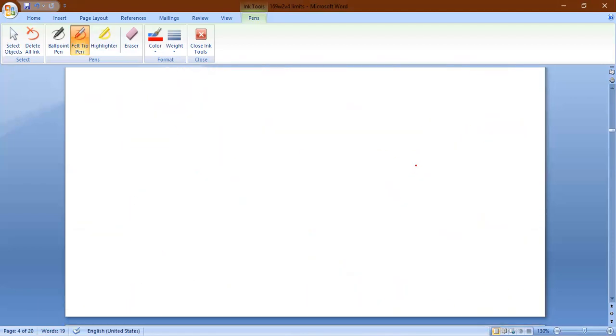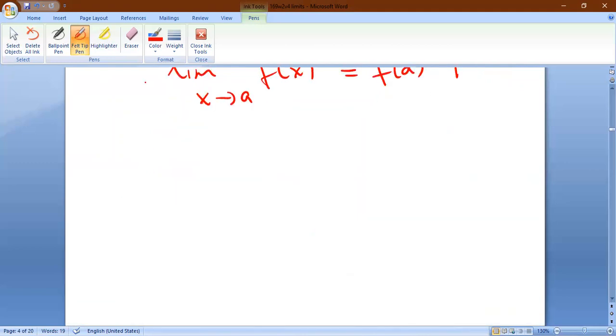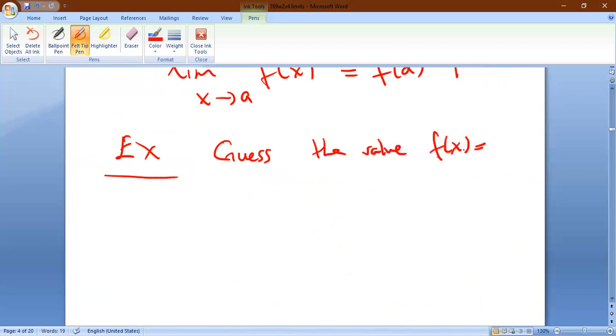Another example I can talk about is, sometimes you may have tables. Let's say f of x equals sine x over x. Let's say this is the function.